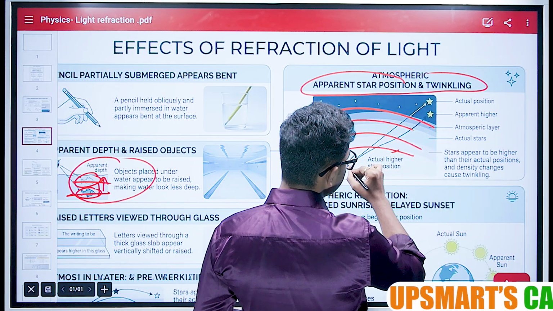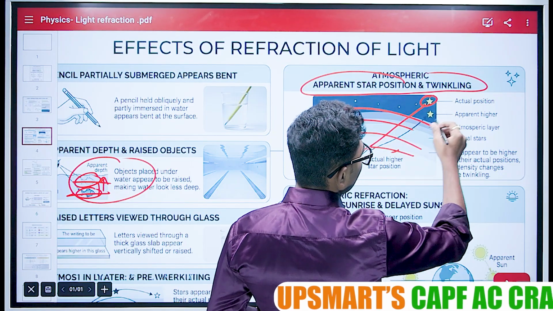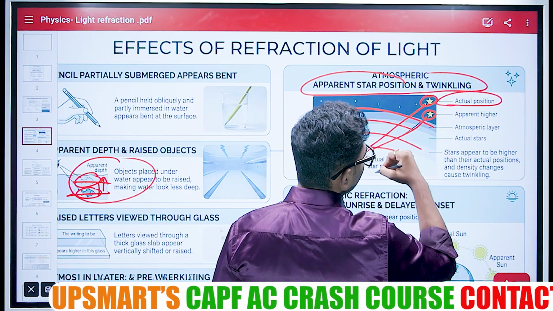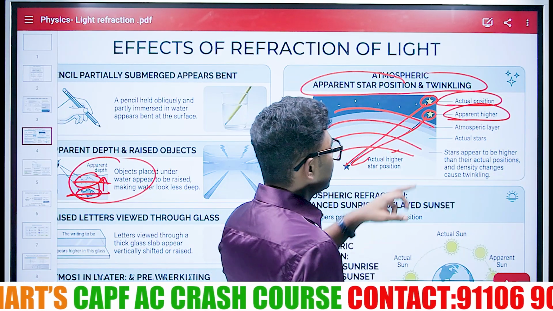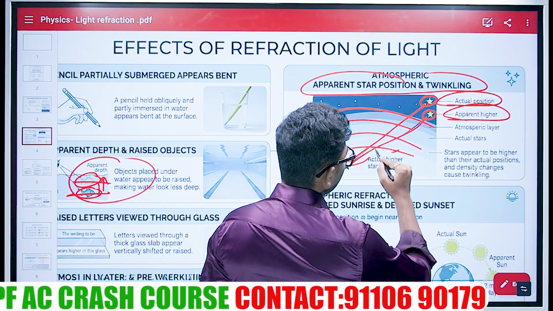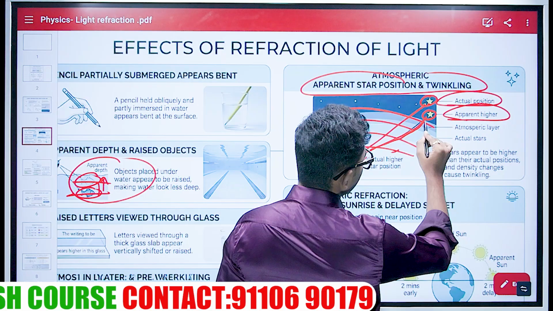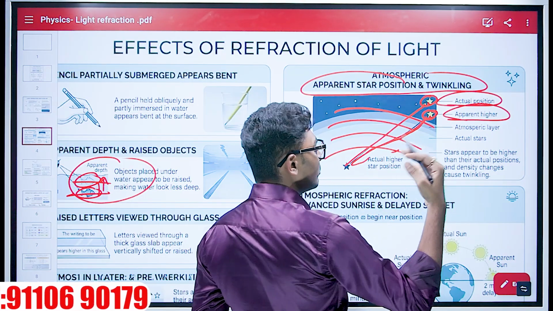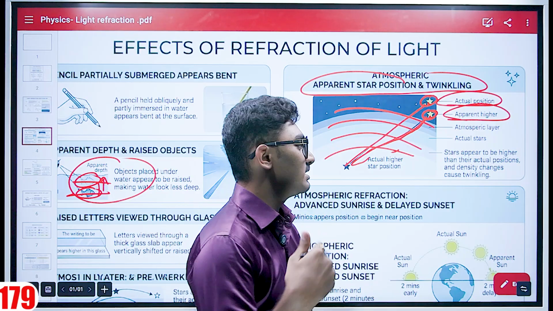As the density of the medium changes, the actual position of the star should be here, but it looks somewhat here. It is apparently higher. As density changes, it looks here but the actual position is here. So for our eyes, it looks as if it's twinkling.